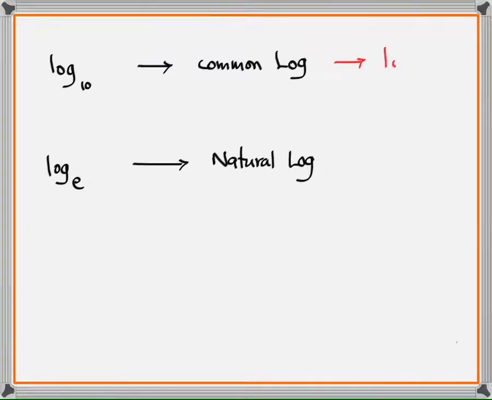Once I'm done with most of these videos regarding O-level math, add math, AS level, A-level, pure math 1, pure math 3, mechanics, stats 1, stats 2, then I'll be spending some time working and explaining the basics of how some of these things which we take for granted, how they came into being. So that is a project for later on. So log to the base e is known as ln.